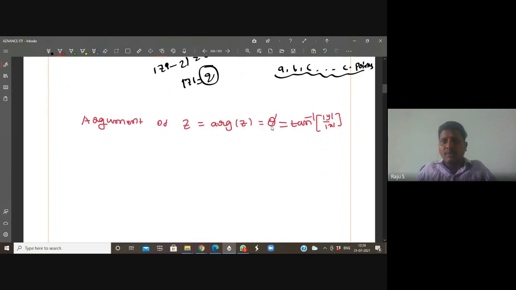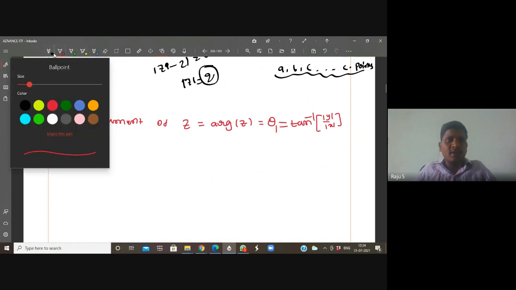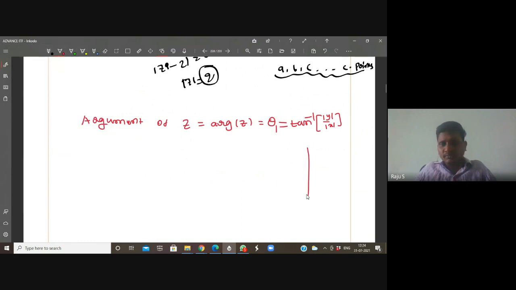When I take this argument of z as theta alpha, or else you can take it as theta 1. When it is theta 1, the principal argument is given by this theta 1, this minus theta 1, pi minus theta 1, and minus of pi minus theta 1, same modulus.